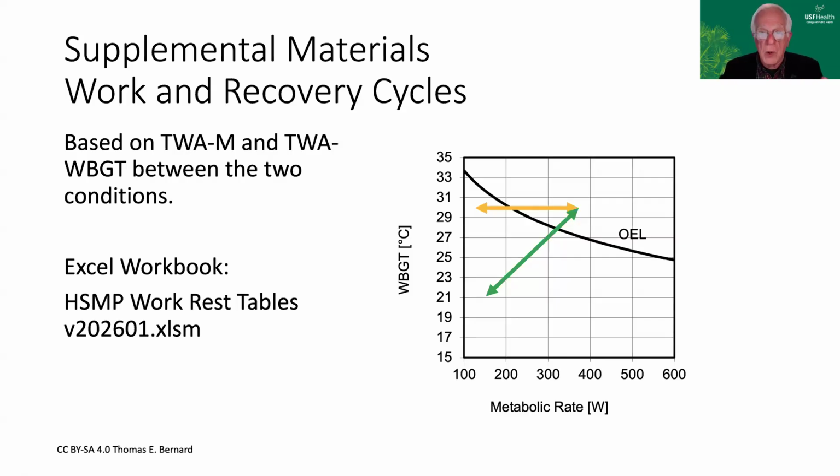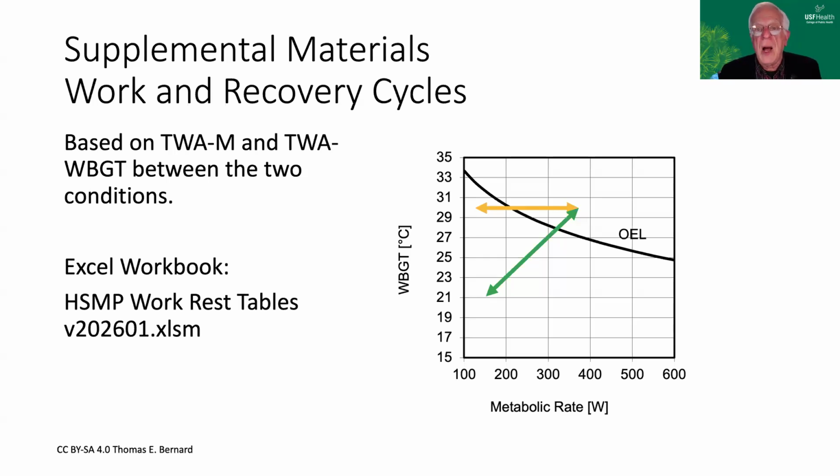And you're going to find situations where a 1 degree C change in WBGT is going to move you from 45 minutes of work and 15 minutes of rest to exactly the opposite. 1 degree change will end up with a work rest cycle of 15 and 45.